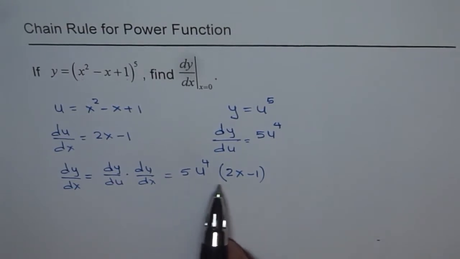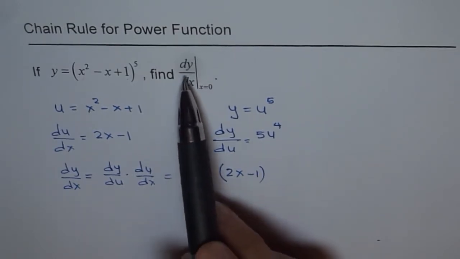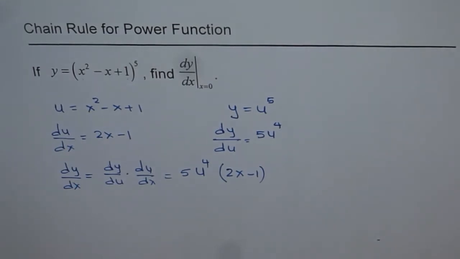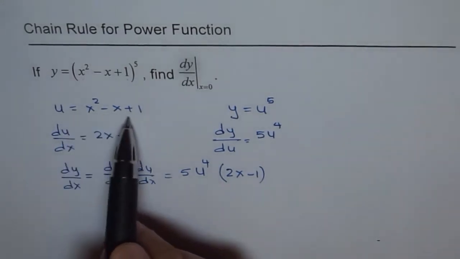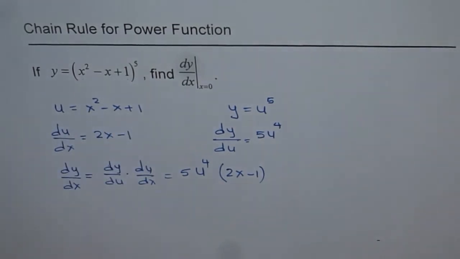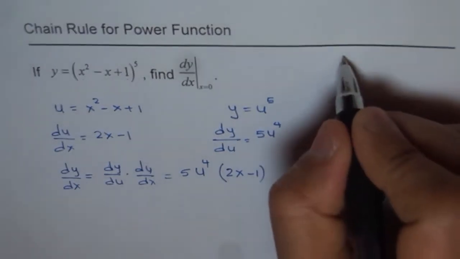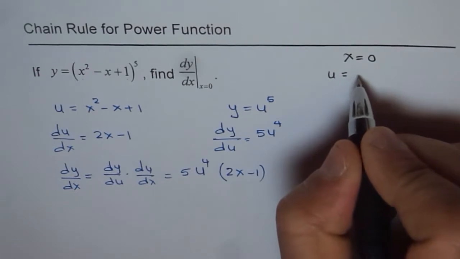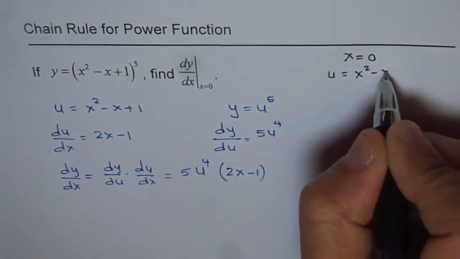So we get our derivative dy/dx. Now this is in combination of u and x. But really, we need to find dy/dx at x equals 0. Now, if x is 0, what is u? Let's try to figure that out. So when x equals 0, we have u equals x squared minus x plus 1.